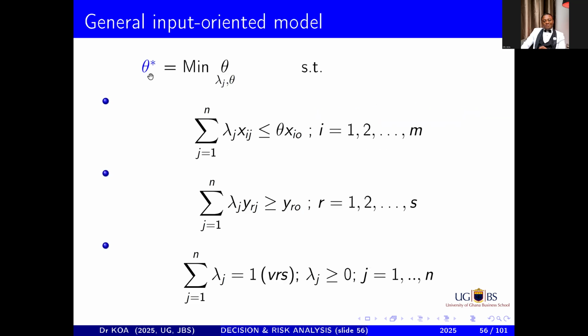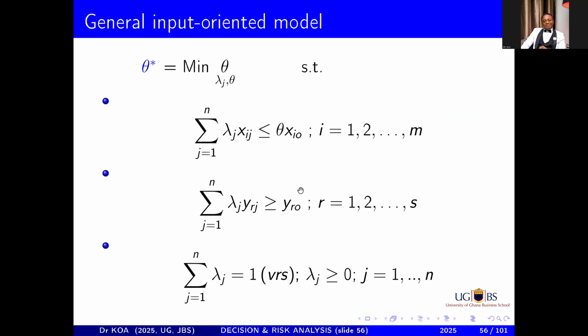So first, you write minimize theta, subject to the constraint that we are going to find the weighted sum of input. You can see that the input are being multiplied by theta. This is the output constraint. You see that the weighted sum of output is greater than the output of the DMU at the evaluation.